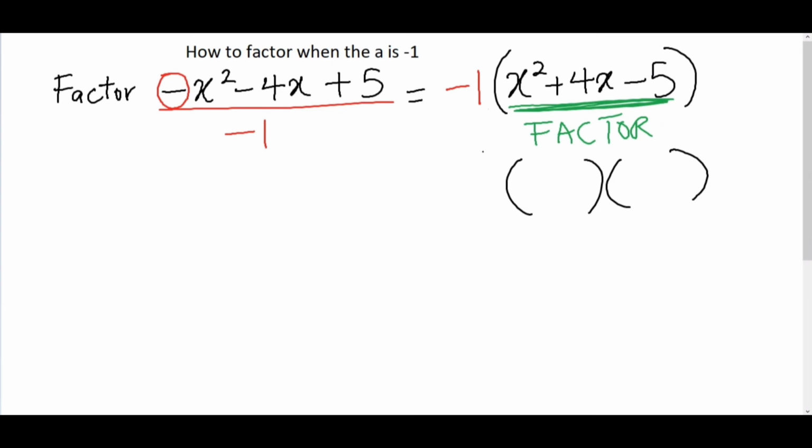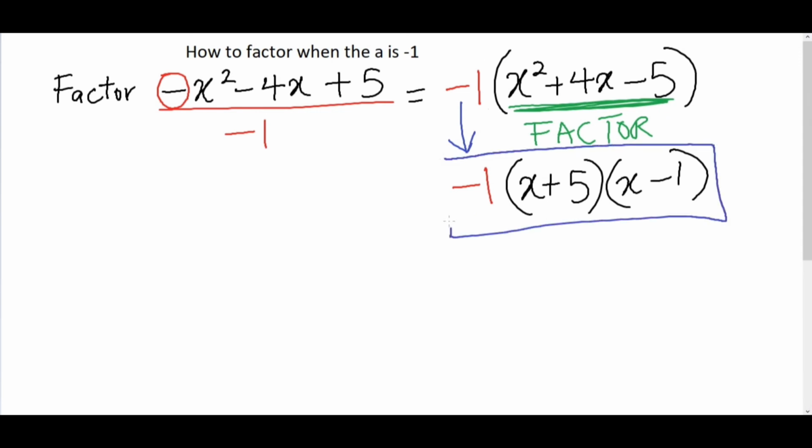But when you factor, you're going to end up getting x plus 5 and x minus 1. And then you cannot forget this part. You have to bring down this -1. You have to include the -1 in your answer. So my answer is -1 times x plus 5 times x minus 1. So that's the full answer.